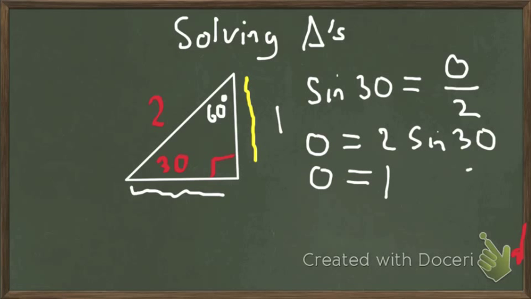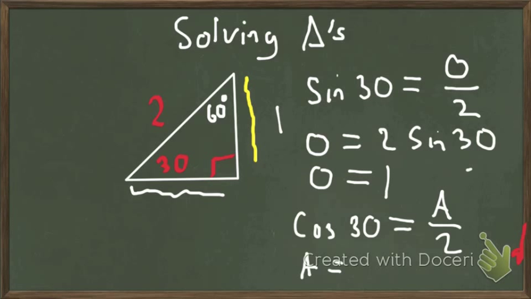Now what more would I need to do to find the other side? Well, if you think about the name of the ratio, if I wanted to find the other side, let's call it A, I would just say the cos of 30 is equal to A over 2. And if I now make A the subject of the formula, I can just go 2 times the cos of 30, which I should get root 3 for.